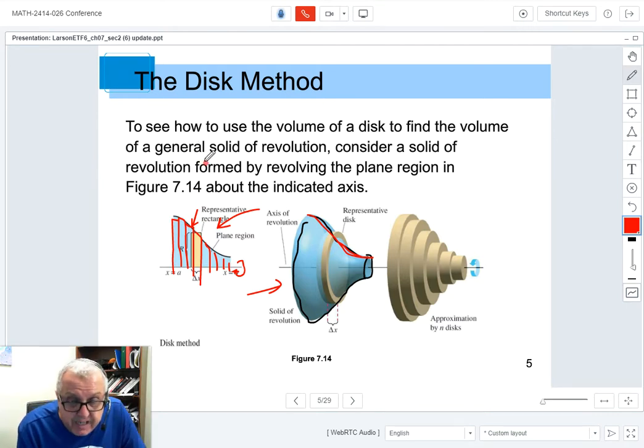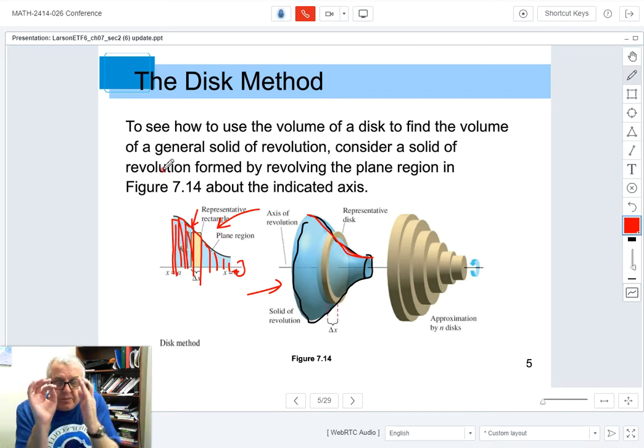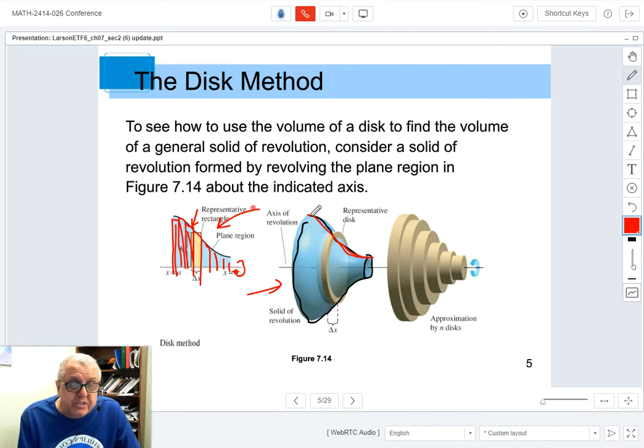And if we created thinner and thinner rectangles, they would fit better into the curve and you'd be more precise, till eventually we fit an infinite amount of rectangles in that curve. We then integrated using an infinite amount of rectangles, and that would give us the exact area. So that's the same thing we're doing, finding the volume of a disk, using the disk method.